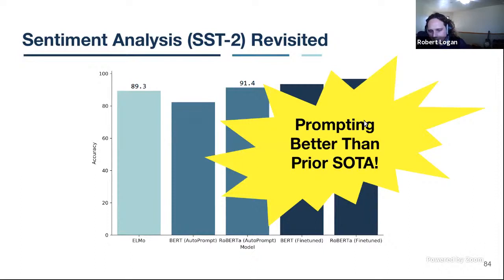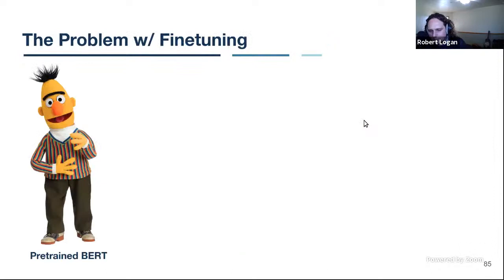To explain why it's so exciting, I'd like to quickly go over what I think is the biggest problem with fine-tuning nowadays. With fine-tuning, we have this big pre-trained BERT set of model weights, which is maybe like a gigabyte in size. And for every single task that we want to solve, we have to train a new fine-tuned version of BERT. If you're doing sentiment analysis, you're going to have a model for that.